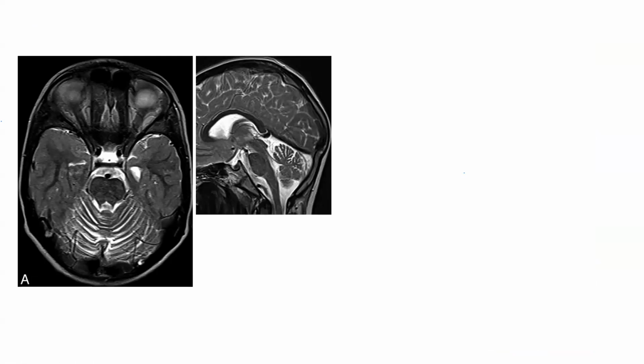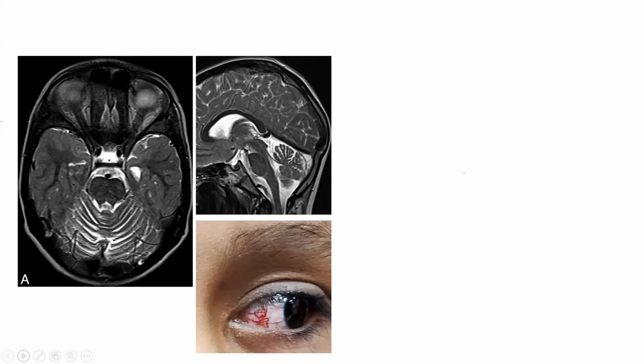So can you think of any disorder which presents with significant ataxia, prone to chest infections, progressive cerebellar atrophy? And if I give you another clue, this is his eye, and it's got a lot of dilated blood vessels in it.